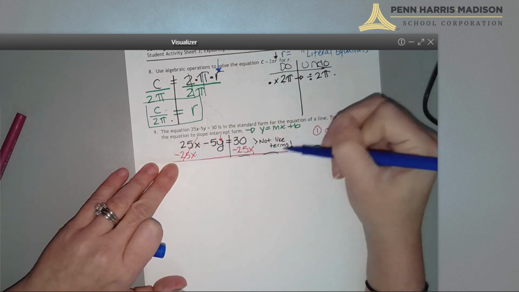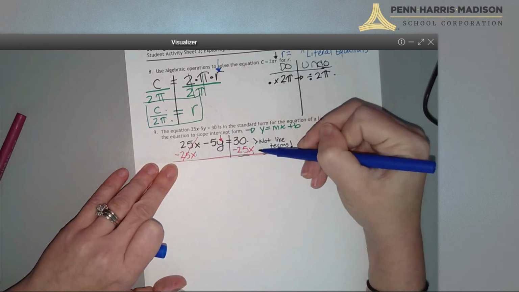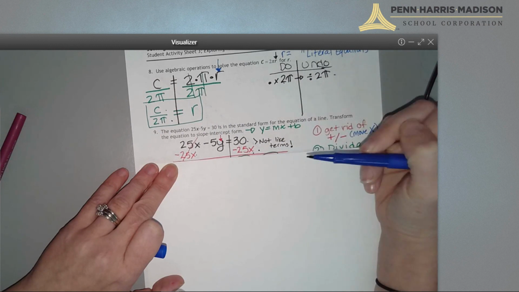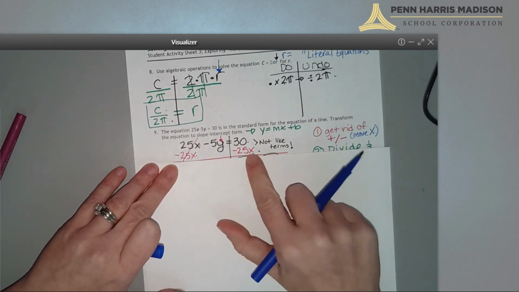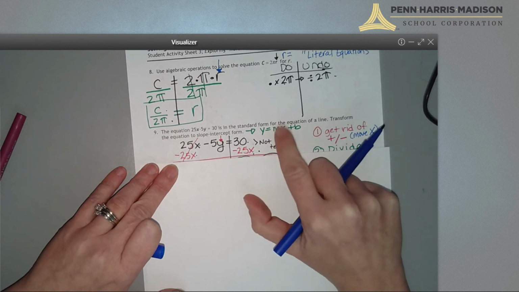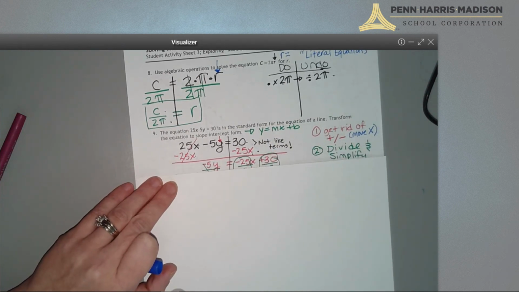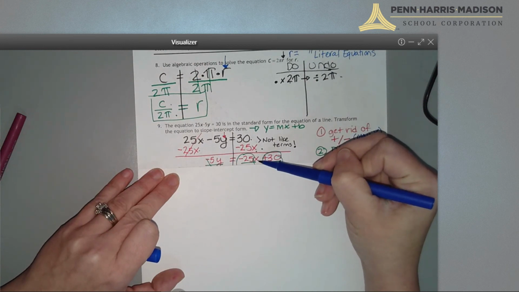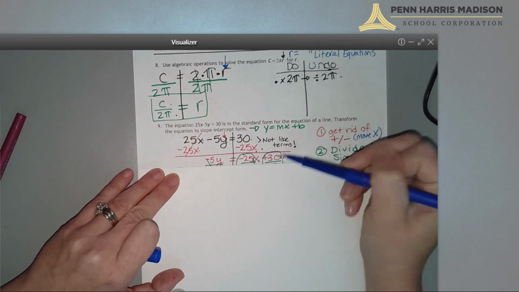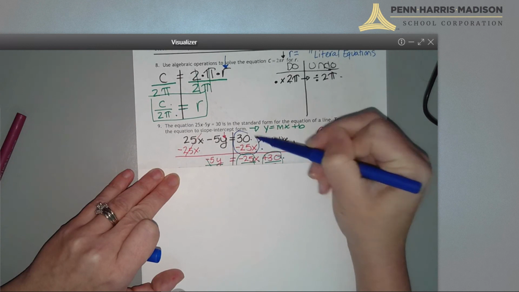Take note, 30 and minus 25x are not like terms. You cannot put them together. So when we do that, we're going to list the x term first. That becomes negative 5y equals negative 25x plus 30. Again, we did not combine these.